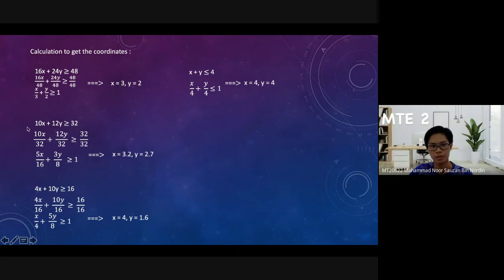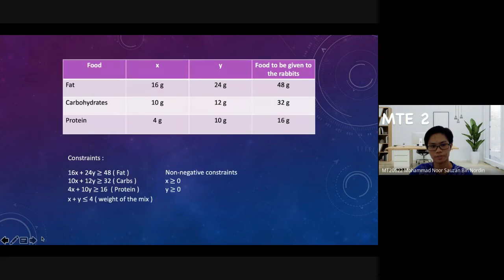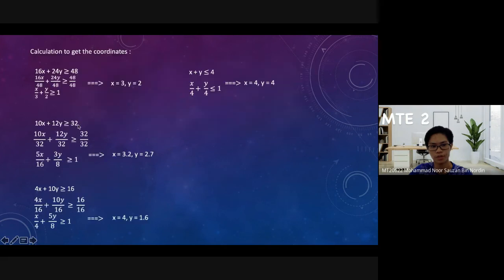Same with the carbohydrates. I will divide all of them by 32 so I can have greater than or equal to 1, and I will get x equals 3.2, y equals 2.7. Same also for the protein. Divided by 16, I will get x equals 4, y equals 1.6.